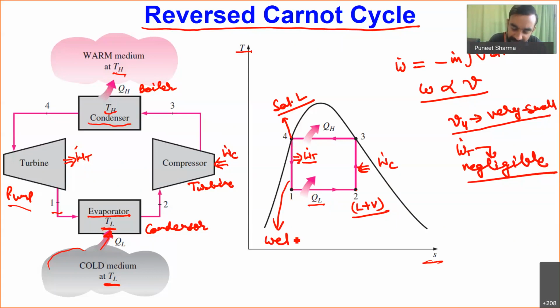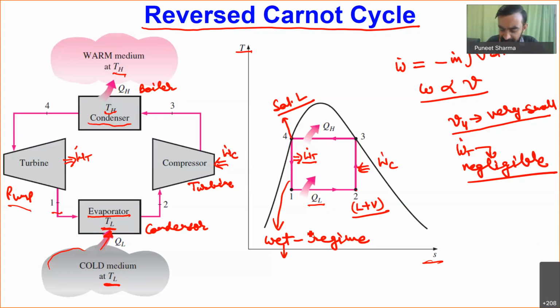Okay, so during this 4 to 1 process, we have a major amount of liquid over here. So because of this, we will also have a challenge from the health point of view of the turbine. Okay, so there are 2 challenges.